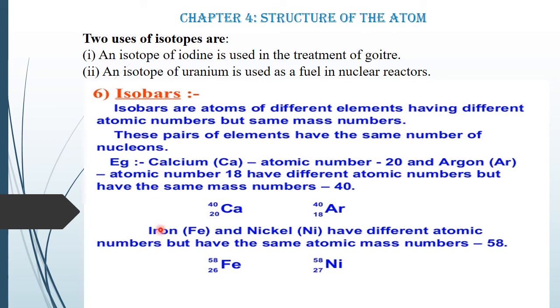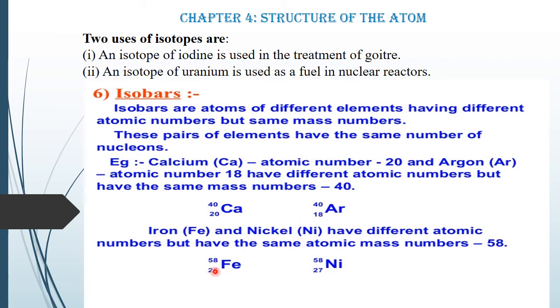The other one is iron and nickel. You take them in pairs. Calcium and argon is one pair, an example of isobars with the same atomic mass and different atomic numbers.